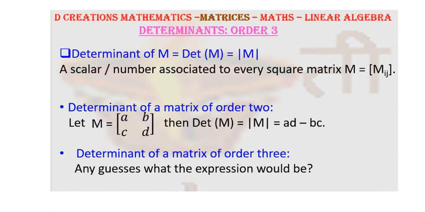So try to write it and on your own try to think how this determinant will be evaluated. You can pause the video for that time, and once you have the answer or at least thought about something, then resume the video. In that way, it will help you learn on your own, and self-learning is the best way.